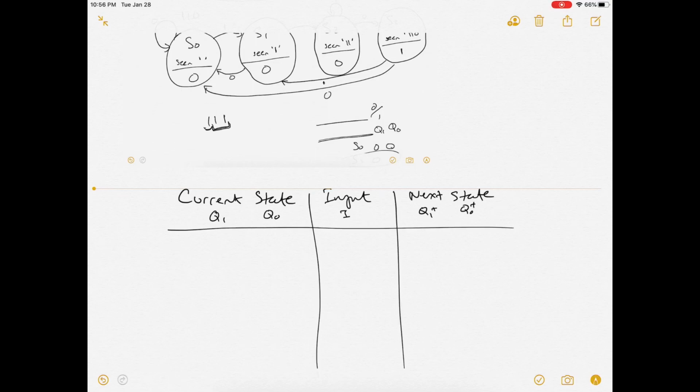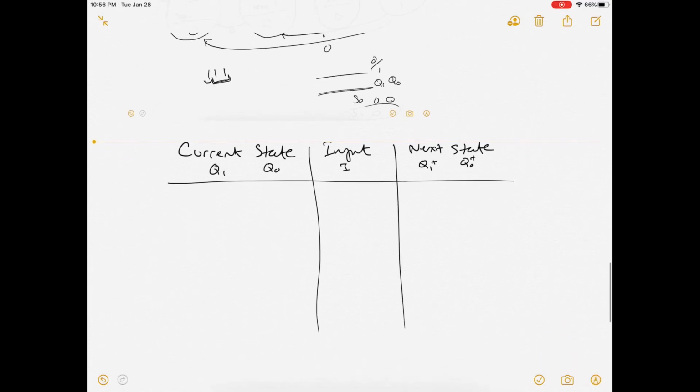So now we can start writing all the possible inputs for the current state and the input. We'll start by putting all the inputs 0, 1, 0, 1. It's a good way to basically, for the first bit, we flip one bit, and for the second one, every 2 times we flip the bits, and for the third one, every 4 times we flip the bits.